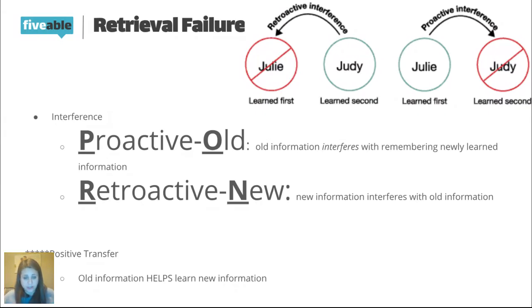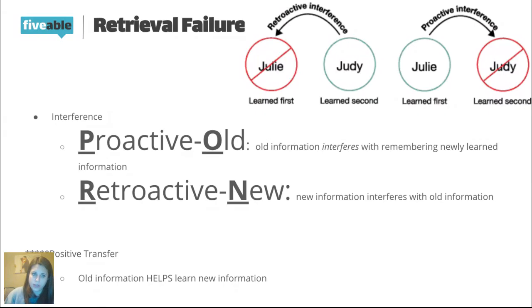There is something else called positive transfer, which is the little note I have at the bottom there. Positive transfer is when old info helps us learn new info. Maybe you have a strategy or a pattern that you use to help you remember phone numbers or birth dates. Then you can apply that strategy and pattern to new information to help yourself remember it. That's called positive transfer.